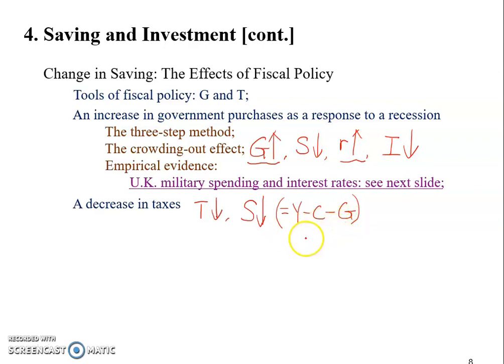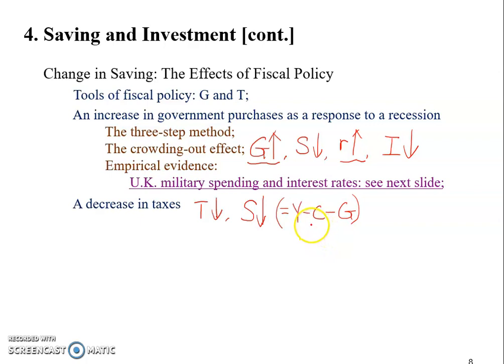Now it looks like there's no T in this formula, right? Some of you, if you remember when we talked about public saving, private saving, and how we combine them to get national saving, it looks like over there T, taxes, has been canceled out. So you probably tend to say that a decrease in taxes won't affect our national saving.